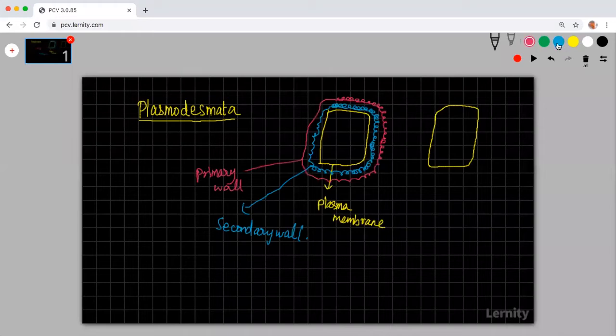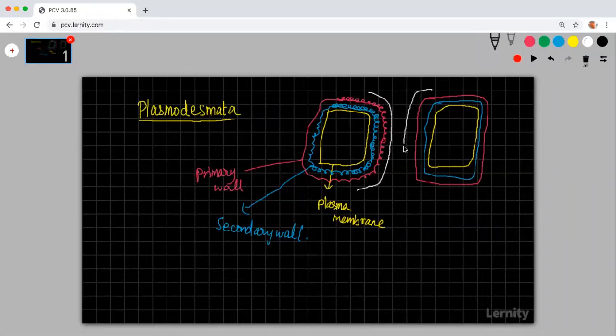Here you will again have a secondary wall, and similarly a primary wall. And what will be outside all these things? Outside you will have adjacent cells. Between adjacent cells, what will you have? You will have something called a middle lamella.